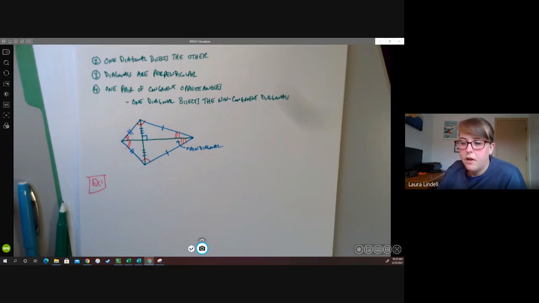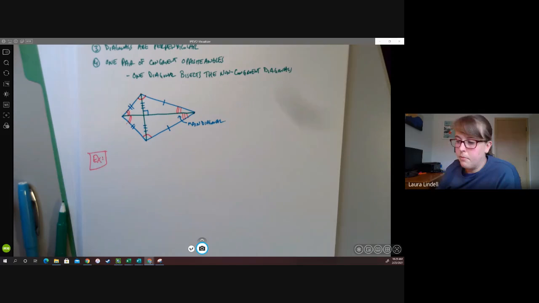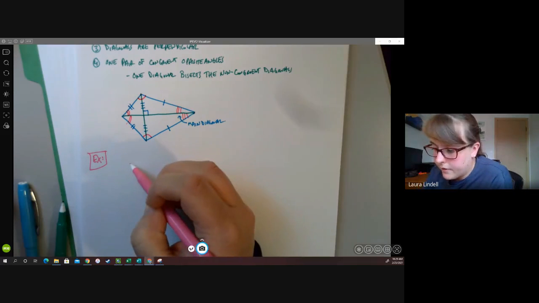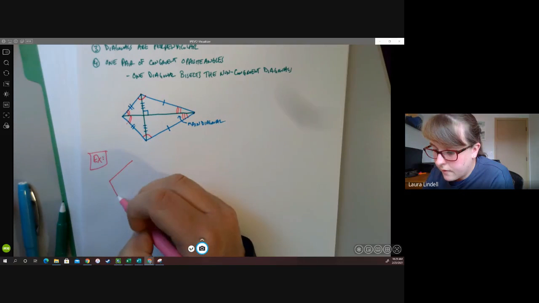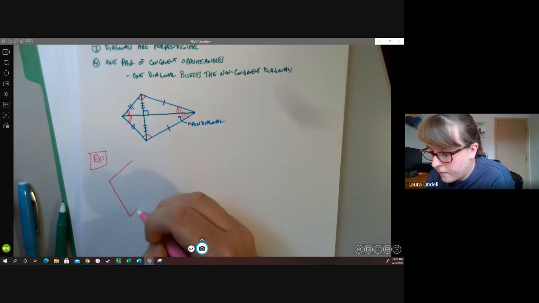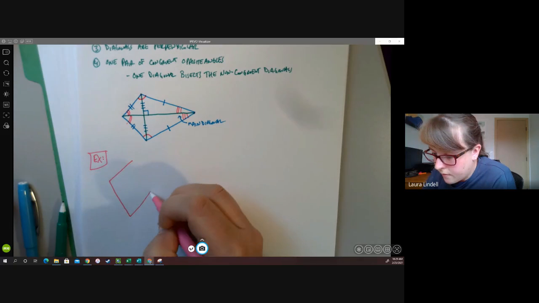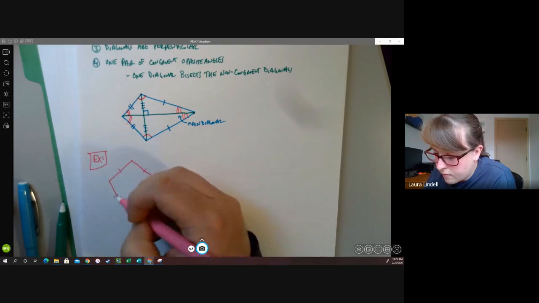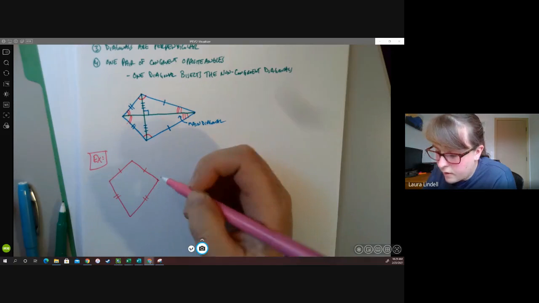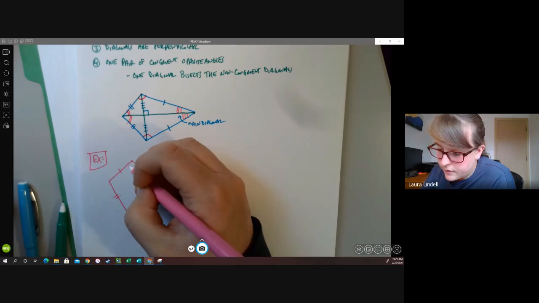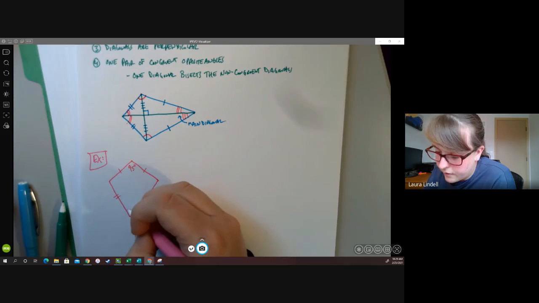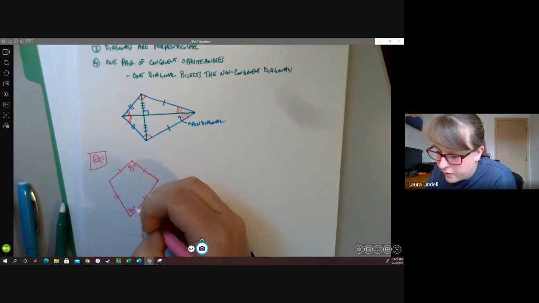Okay. So here we go. One of the most common problems that you'll see when we talk about kites. You'll be told that this angle is 95 degrees and this one is 70 degrees.